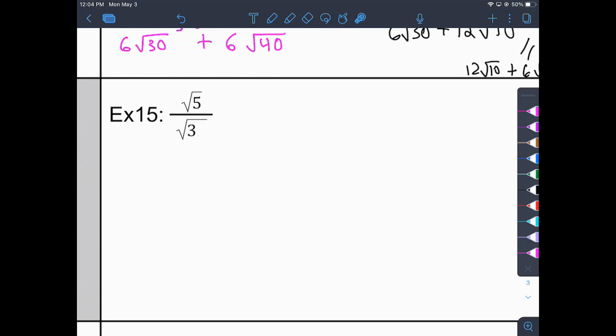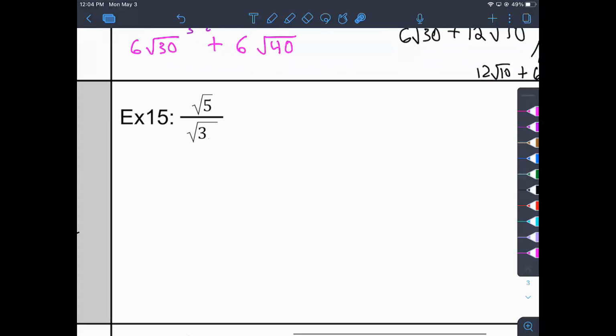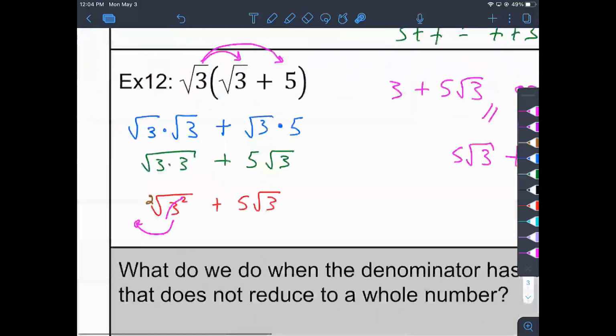Well, we said we need to multiply by a funny version of 1. But you got to be clever about the funny version of 1. You want to multiply by something that would cause this root on the bottom to go away. And we kind of did this already right here, where if we took root 3 and we multiplied it by another root 3, we multiplied them together, we simplified, and we got an answer of a 3.